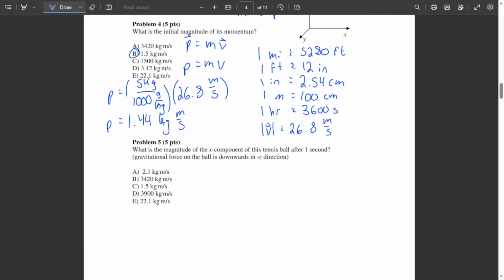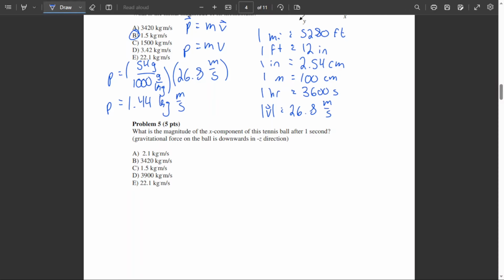Alright, next question. What is the magnitude of the x component of the momentum of the tennis ball after 1 second? Gravitational force on the ball is downwards in the minus z direction. So in order to calculate the change in the momentum, we're going to use the momentum principle, which is the change in momentum is equal to the force.